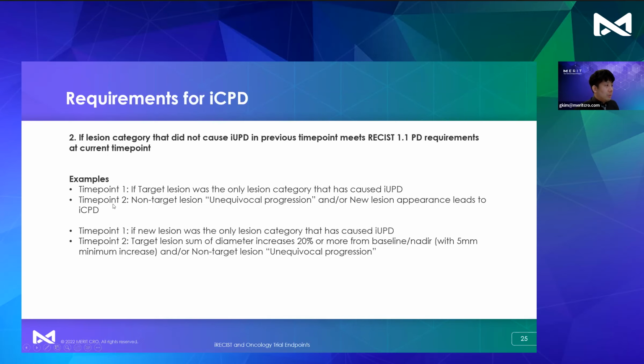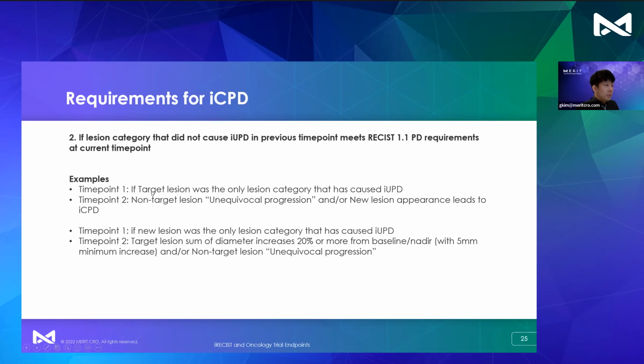At time point 2, target lesions may stay the same, but if the non-target lesion now meets the RECIST 1.1 PD requirements, which is an unequivocal progression, or if there were no new lesions at time point 1 and now we have a new lesion appearing, that will lead to the ICPD.